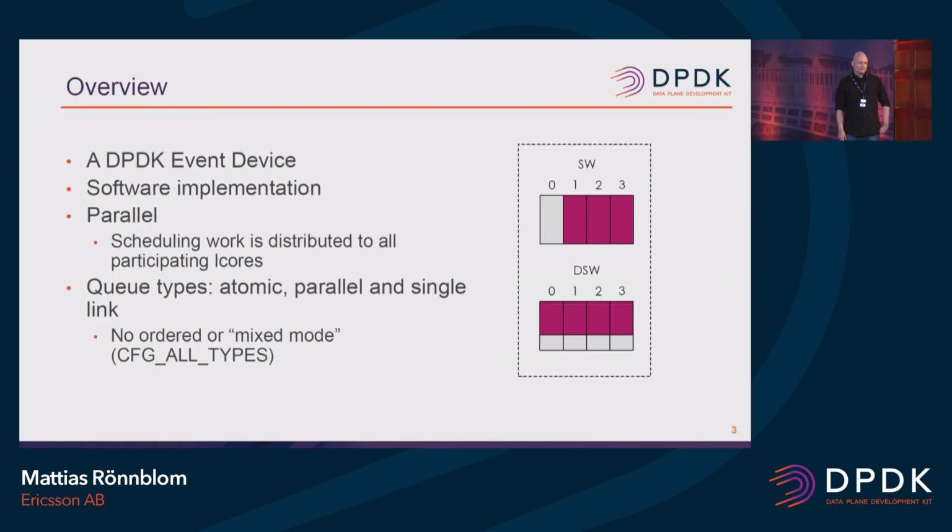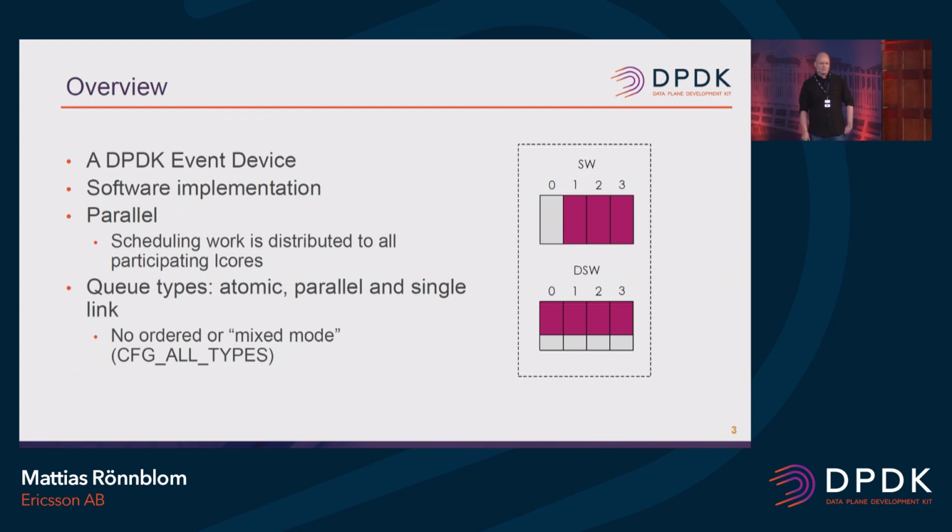So I mentioned it already, this is a new DPDK event device. It's a pure software implementation. It's parallel, so scheduling work is distributed among all the participating lcores, all the lcores that are using event dev ports.